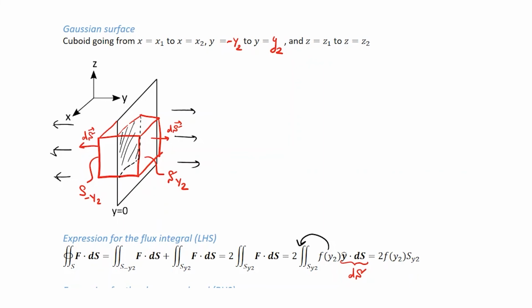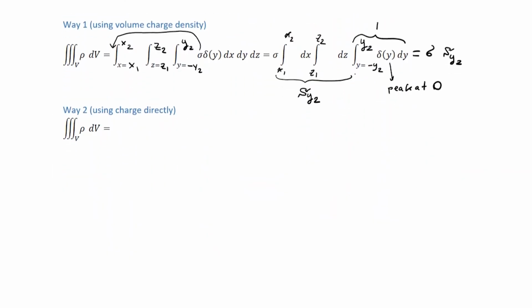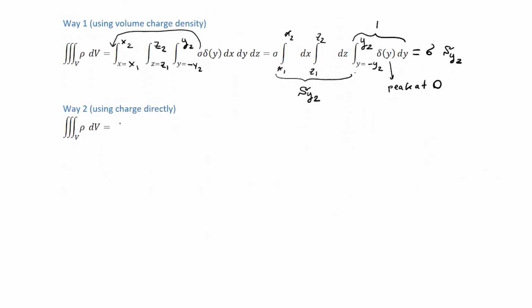So inside the Gaussian surface, this black area is the charge that's captured, and its surface area is equal to S y2. So then you end up with sigma times S y2.